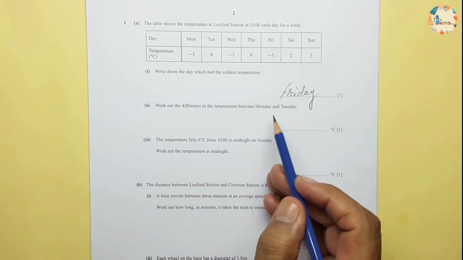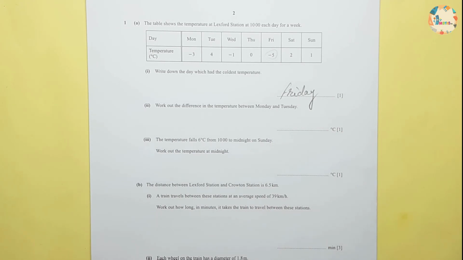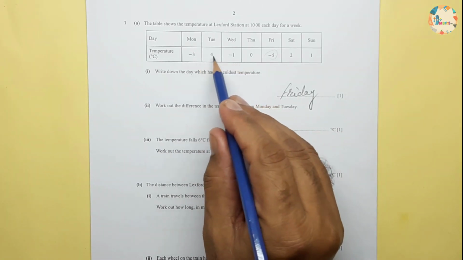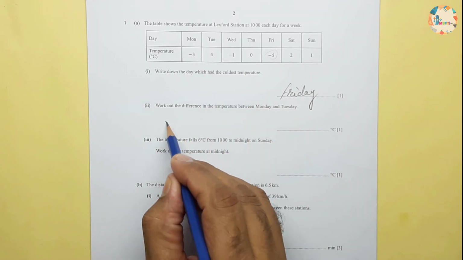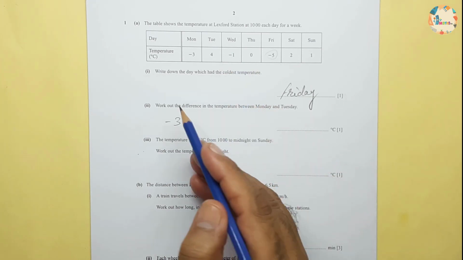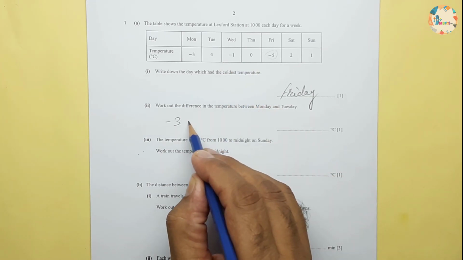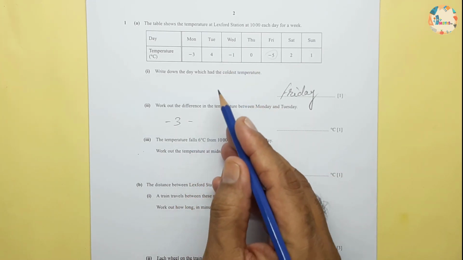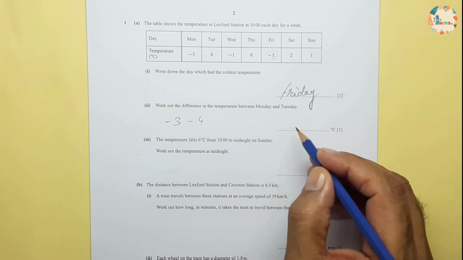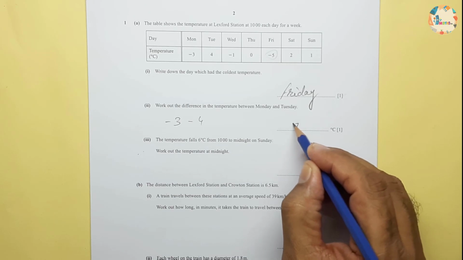Then work out the difference in temperature between Monday and Tuesday. Monday is -3 and Tuesday is 4, so from -3 up to 4, the difference will be 7 degrees.